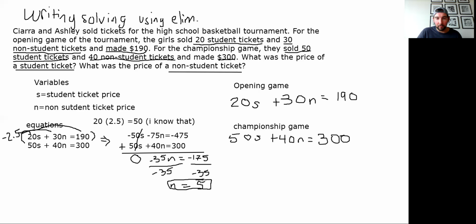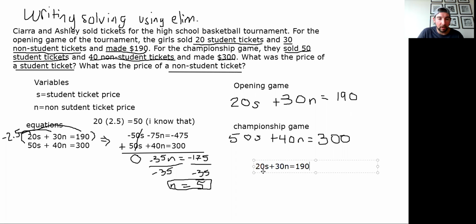Awesome. So now that I know the price of my non-student ticket, I got to find the price of my student ticket. So I'm going to go back to an original equation. My original equation said 20s plus 30n equals 190. I got that from the opening game.